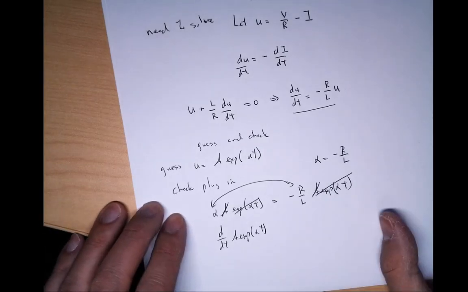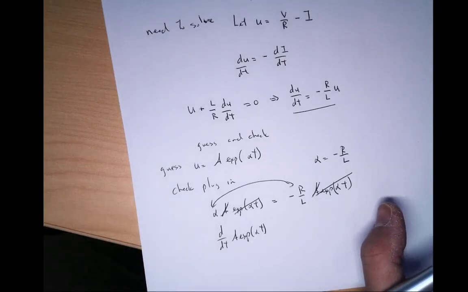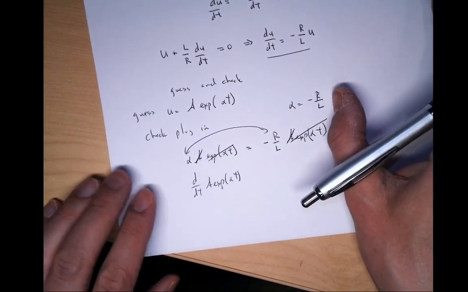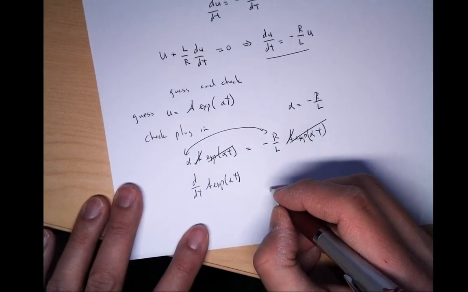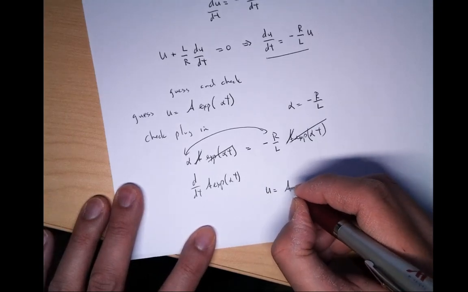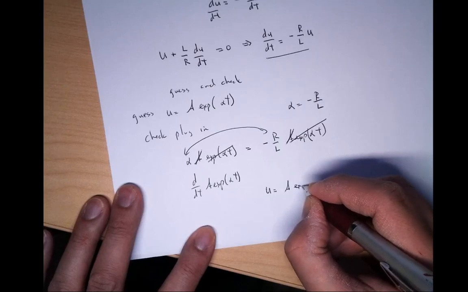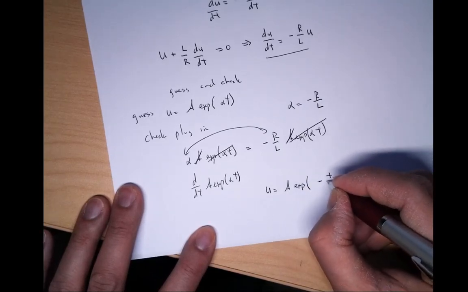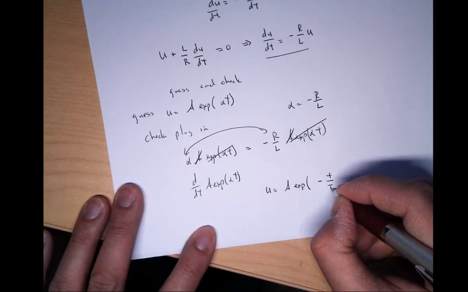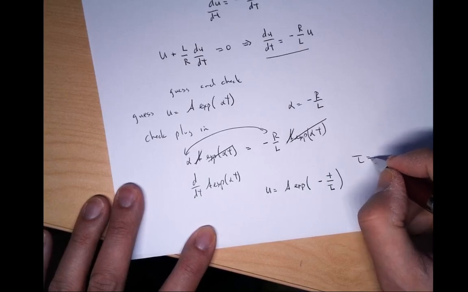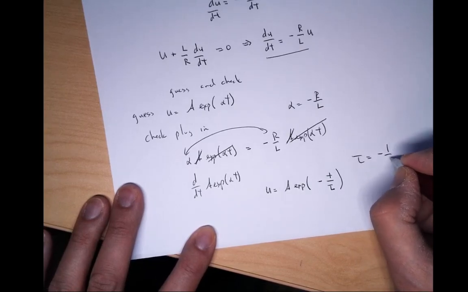Now a lot of times we're going to write this in a way that's a little simpler. This is sometimes a little obtuse. We're going to write something a little clearer, like this: u is equal to A exponent minus t over tau. And tau is equal to minus 1 over alpha.